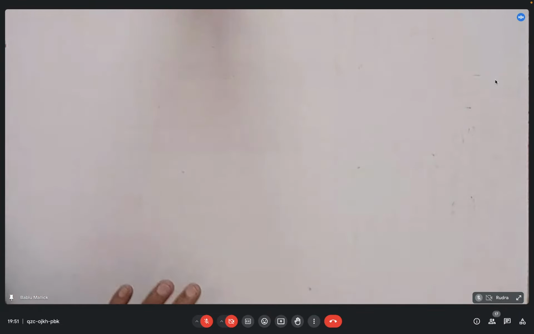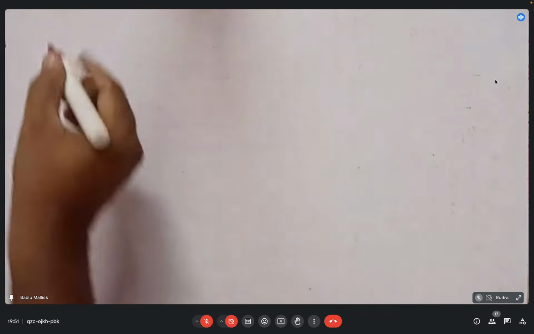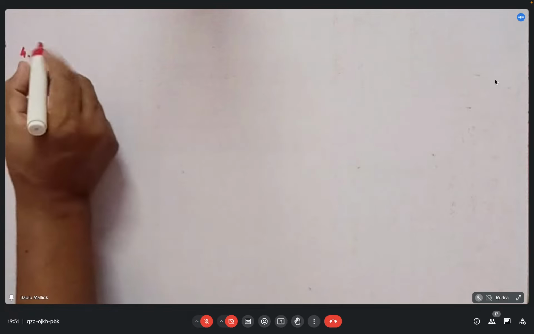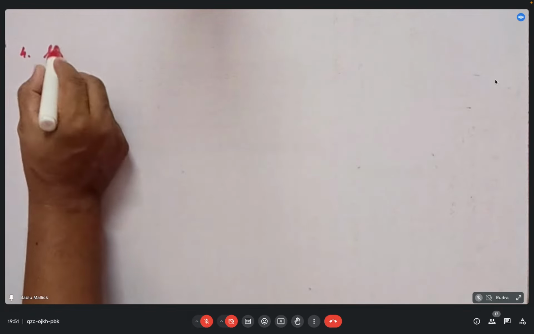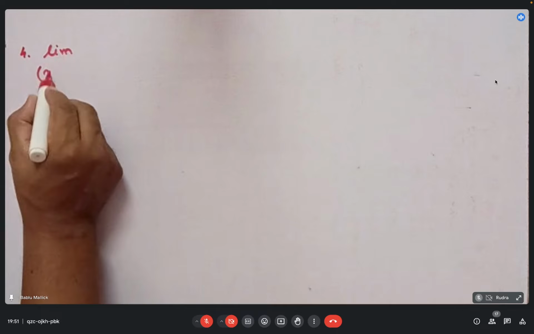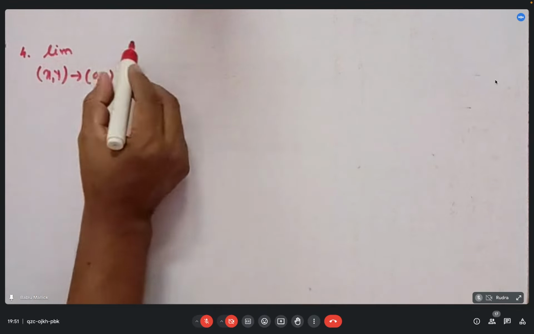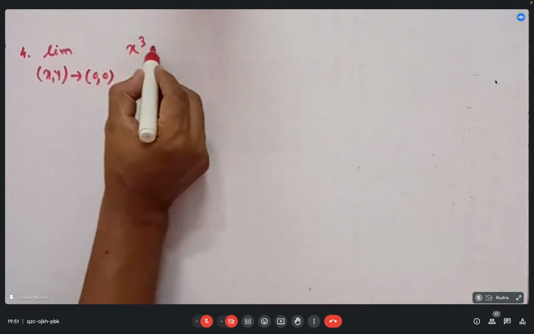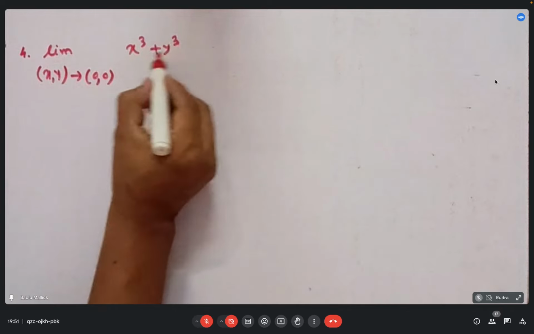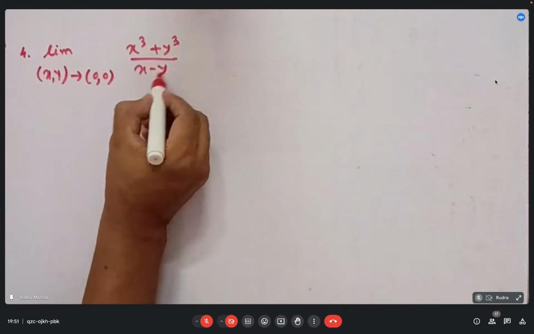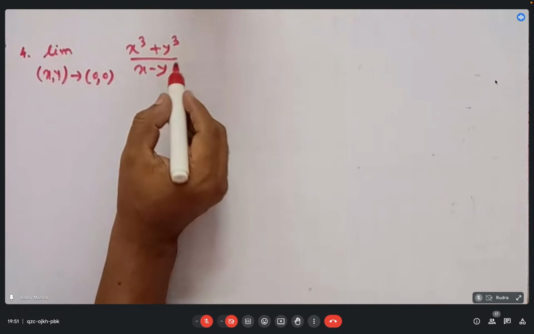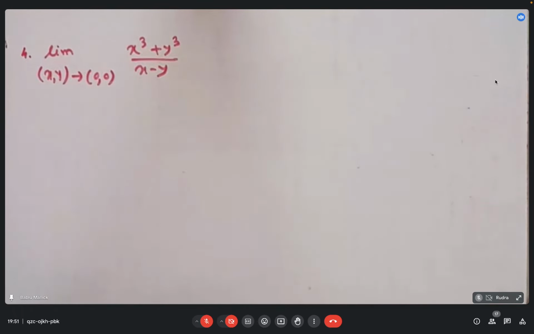Number 4. So that the limit as (x, y) tends to (0, 0) of x cube plus y cube by x minus y does not exist.